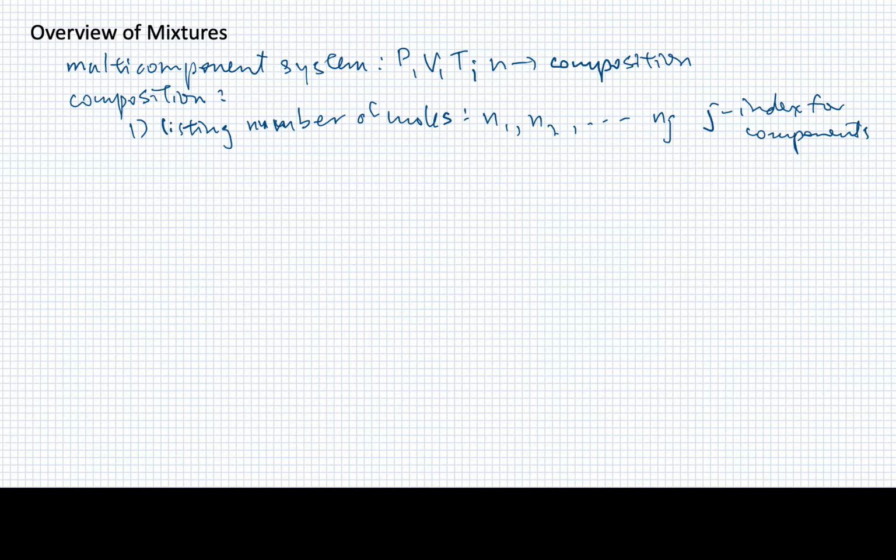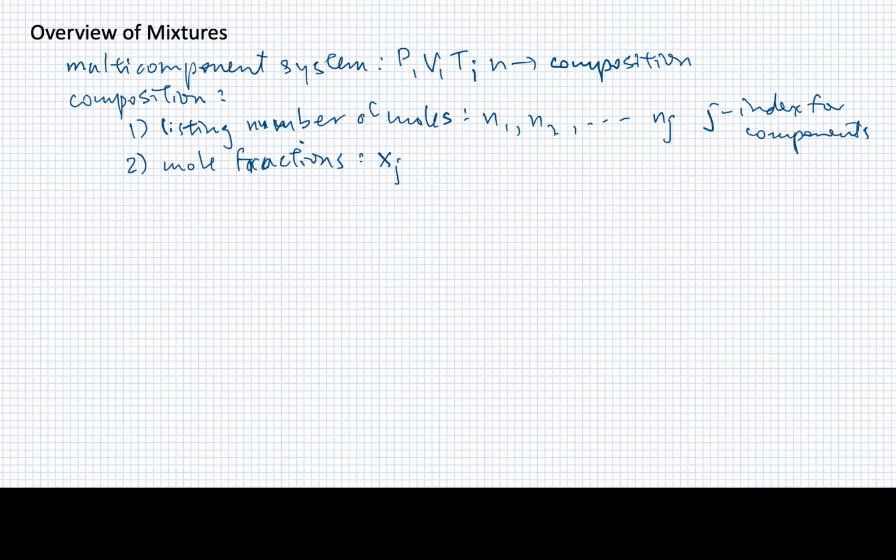Besides the number of moles, we could also specify a composition by listing the mole fractions. And this, in fact, is a very handy way of doing that so that we can then scale a system by a total size. But for any subset of that system, the mole fractions should be an adequate description. And we'll usually use X sub J. Now this is different.